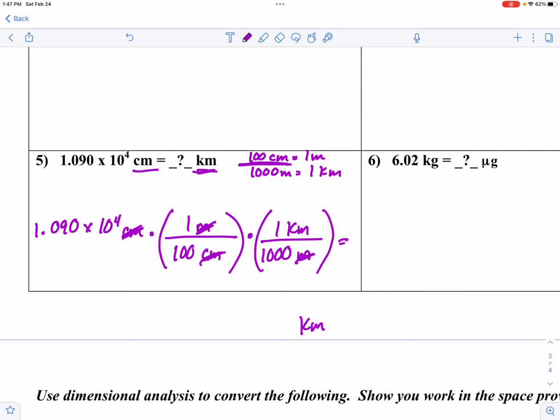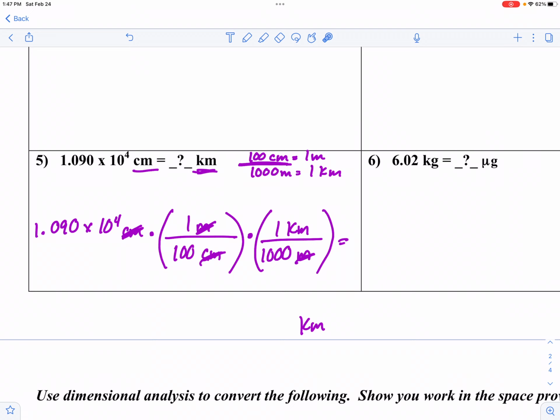I'm going to write my answer down here. So in my calculator, I'm going to put 1.090 times 10 to the 4th, technically times 1 divided by 100 times 1 divided by 1,000. And that's going to give me my answer in kilometers. I haven't done this problem in advance, so let me go ahead and throw it in my calculator.